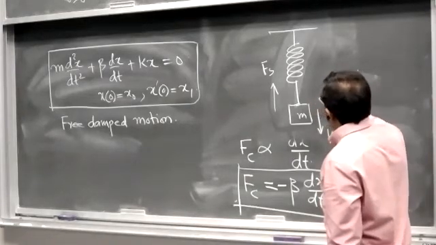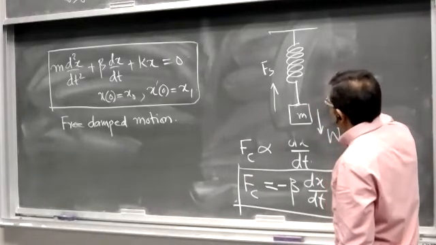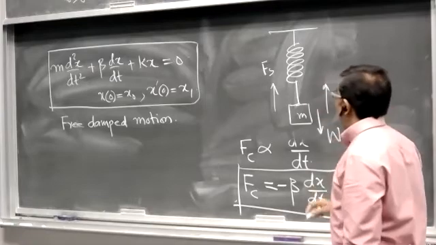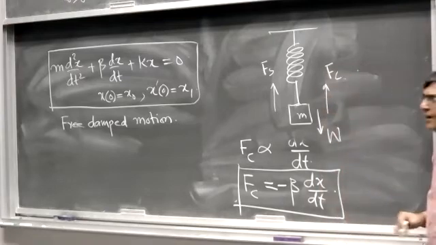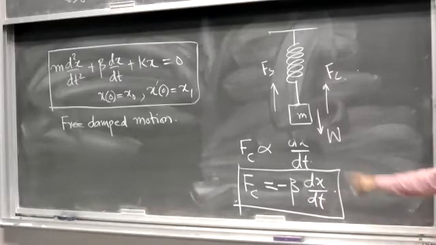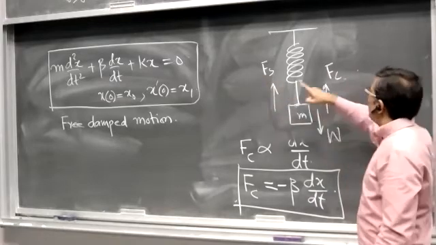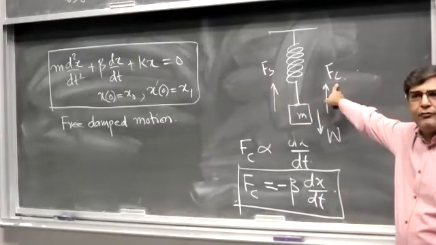A damping force is always applied opposite to the motion of the mass, and it is Fc. So the three forces acting on this spring mass system are weight, the restoring force, and the damping force.